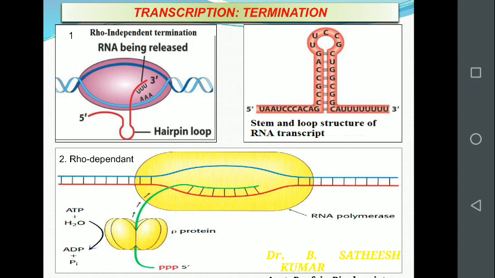In the rho independent termination, simply the stem and loop structure is formed once the RNA polymerase transcribes the terminator sequence. At that time the stem and loop structure which is formed in the RNA will physically obstruct the movement of RNA polymerase.